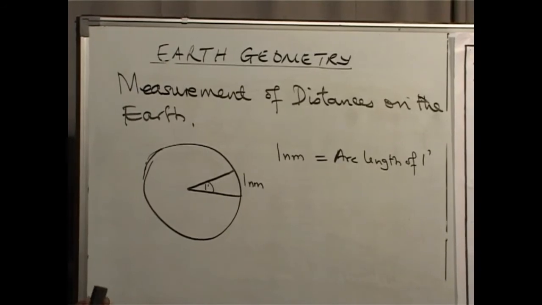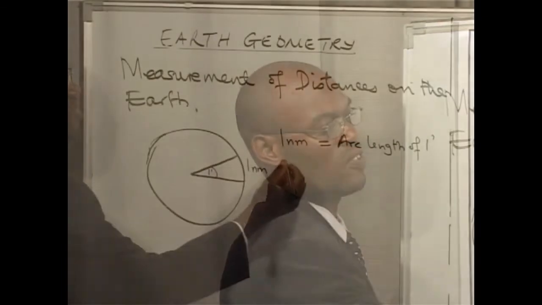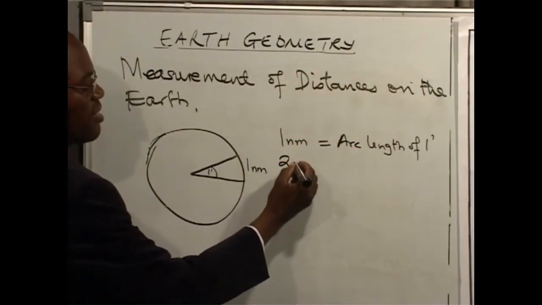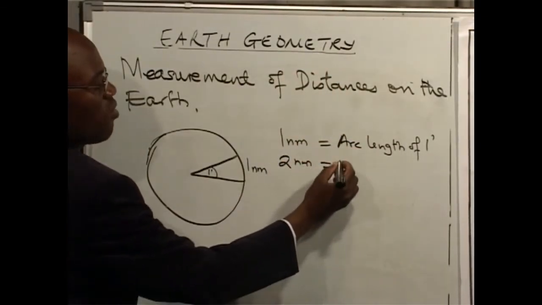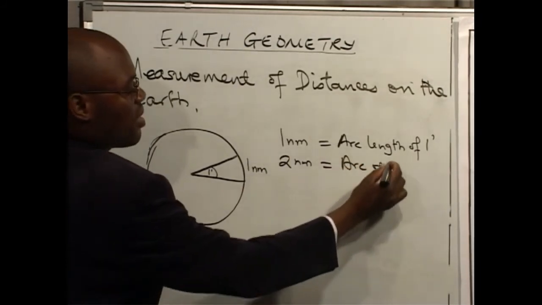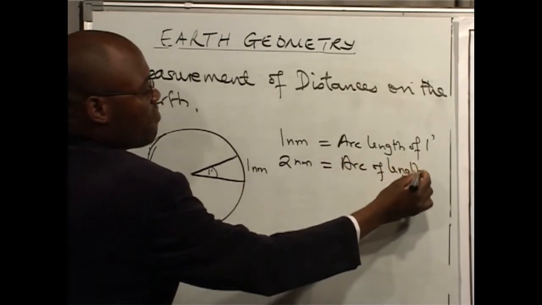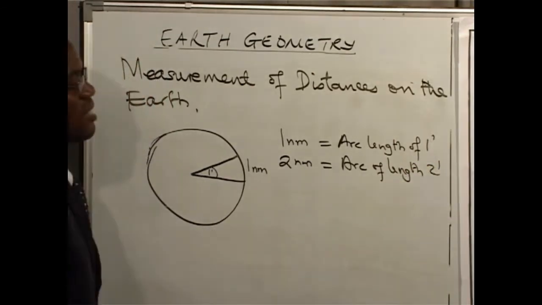But we very well know that for a complete revolution of a circle, the total number of degrees is 360 degrees. But we know that if you have an arc length of, let's say, 2 nautical miles, you have an arc length of 2 minutes.